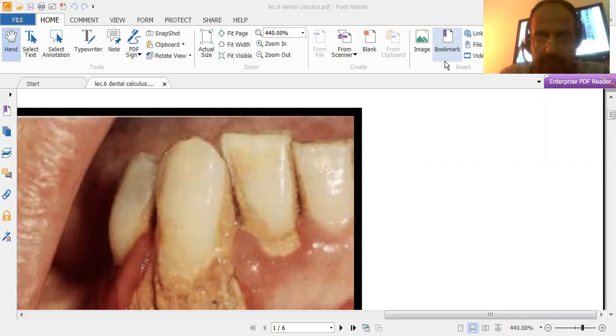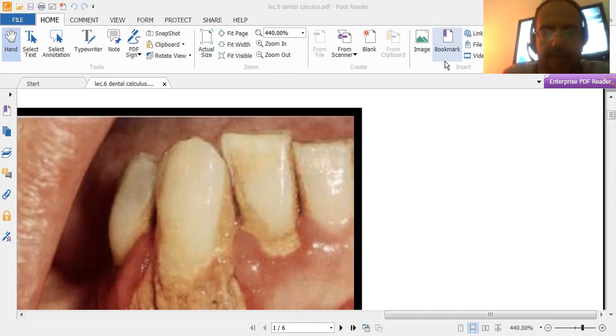This is the first definition of dental calculus: the calcified deposition that forms on the teeth and other solid structures in the oral cavity. Calculus consists of mineralization of dental plaque. It is covered on the external surface by non-mineralized plaque.